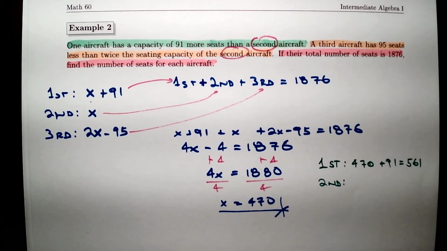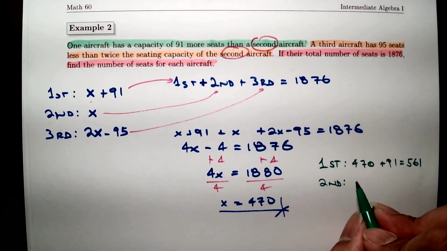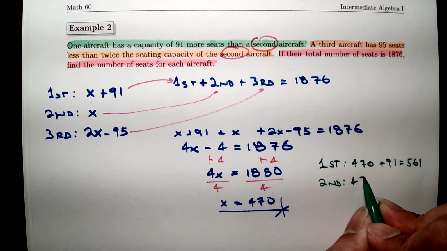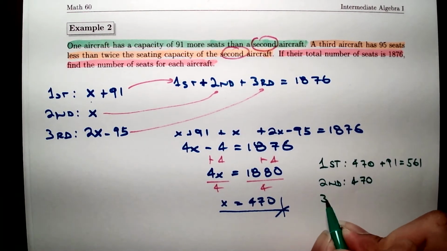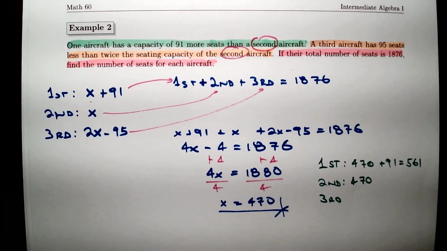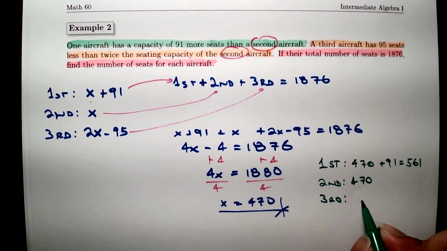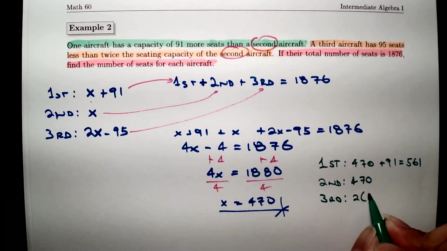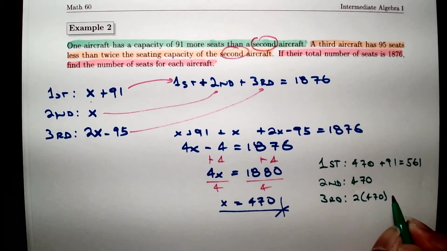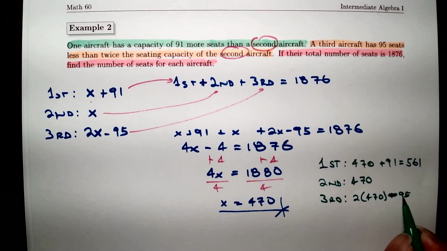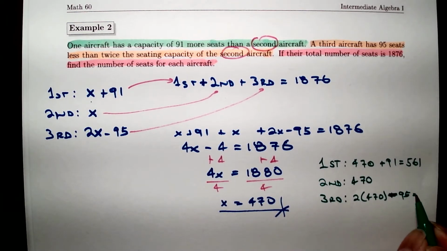The second aircraft is simply x, in this case, 470. And the third aircraft is 2 times 470 minus 95.